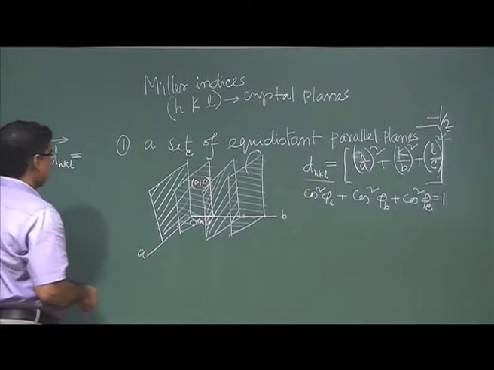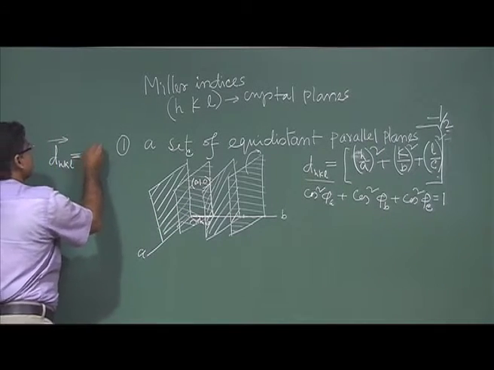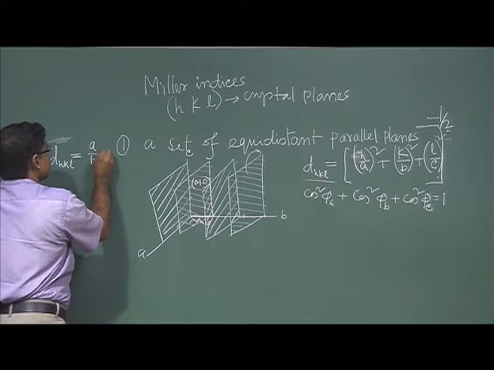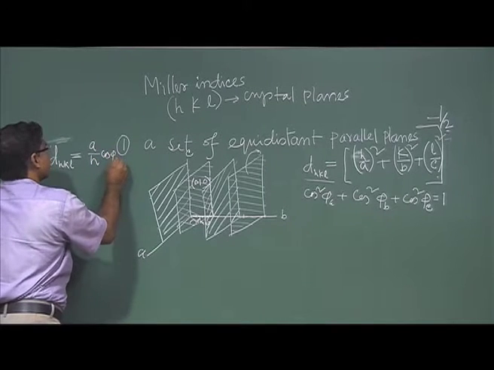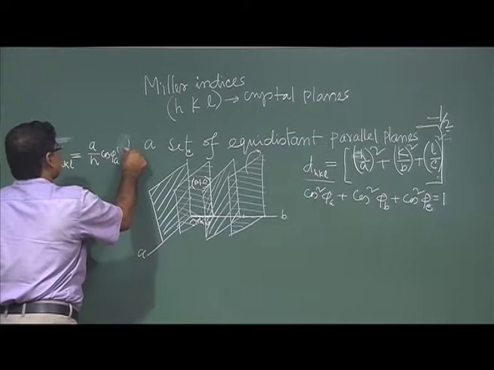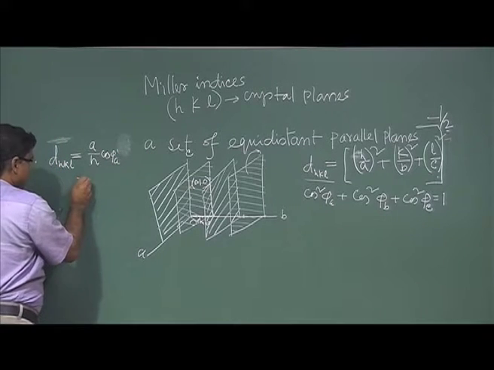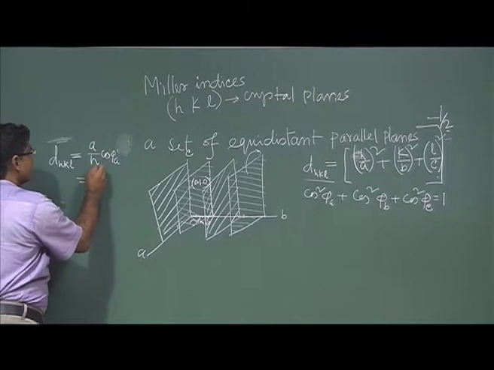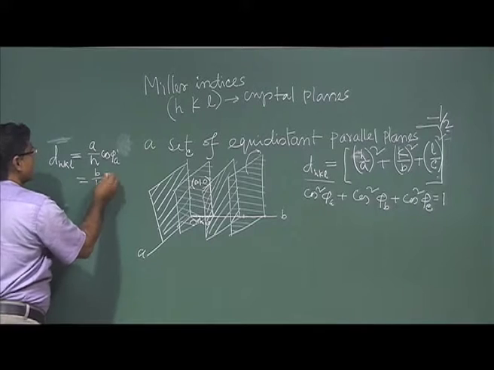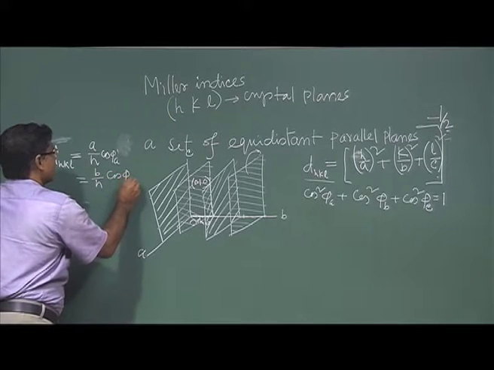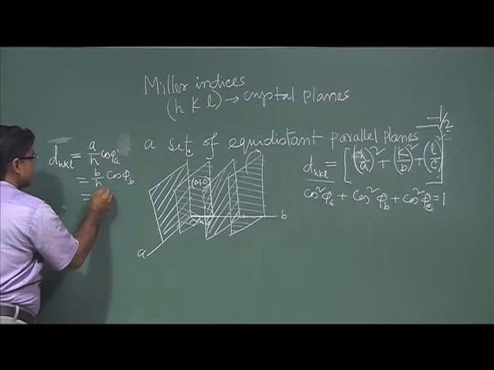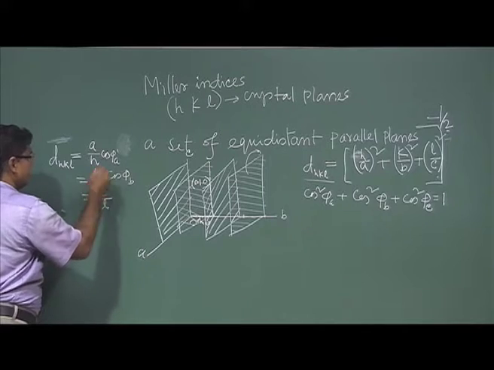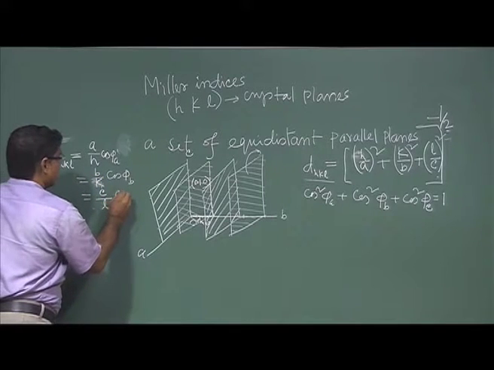If it is phi a, then this d h k l will be a by h cos phi a, and along the b axis, if the angle is phi b, then b by k cos phi b, and this will be c by l cos phi c.